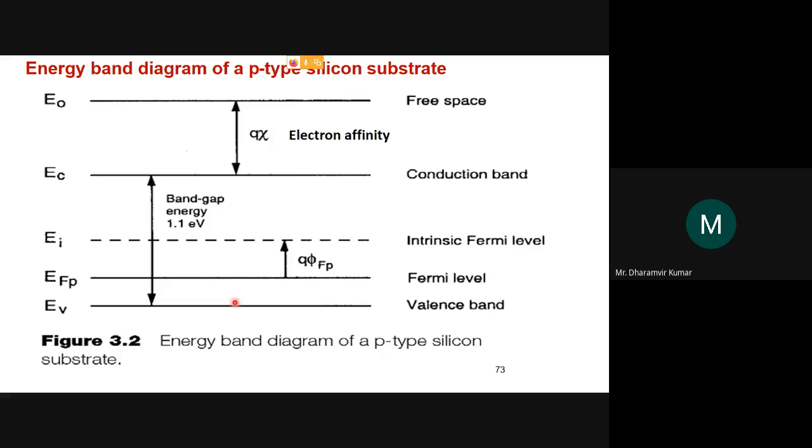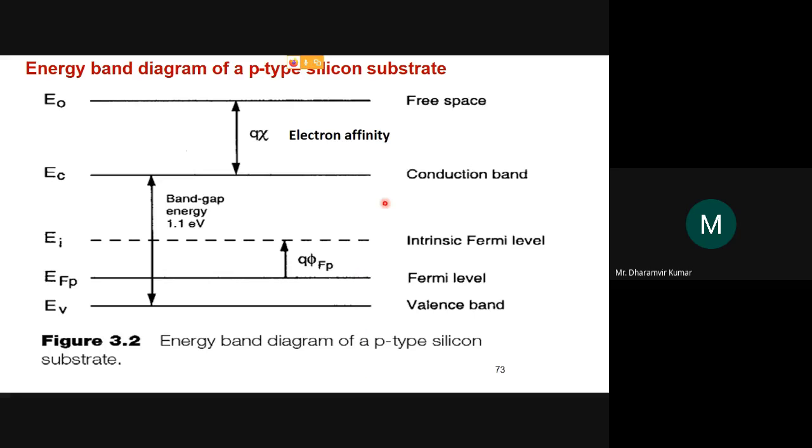This is the level representing the valence band. This is actually the top of the valence band, and below this, all this region is the valence band region. A band is something that is a bit thick, so this is the top, and below it we can take it as the valence band area.